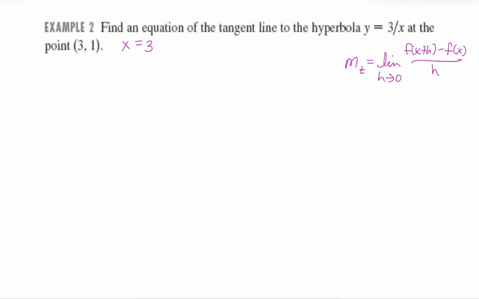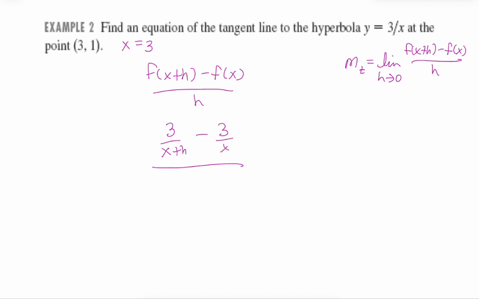So first, let's do f of x plus h minus f of x all over h. Let's ignore the limit for a moment, and let's put in the function 3 over x into that. So it would be 3 over x plus h minus 3 over x all over h.